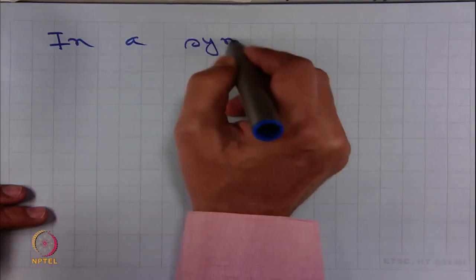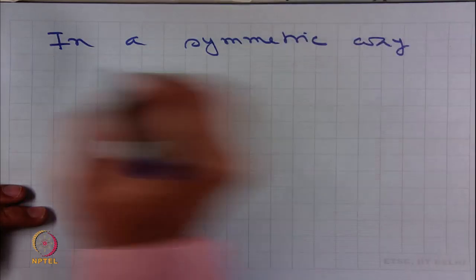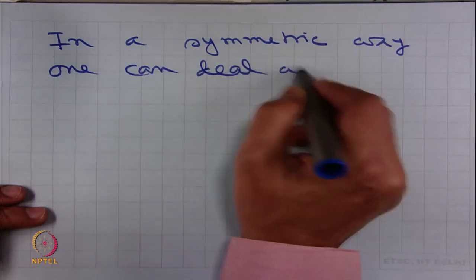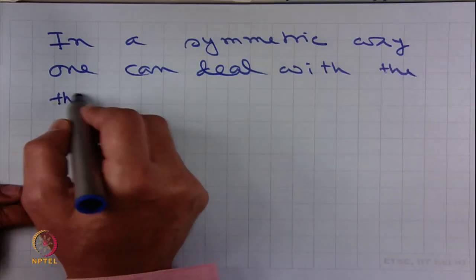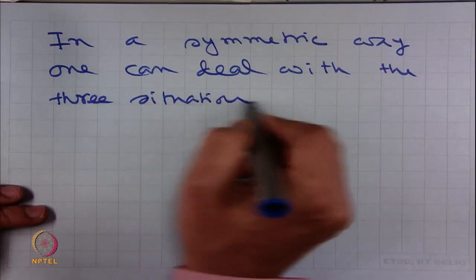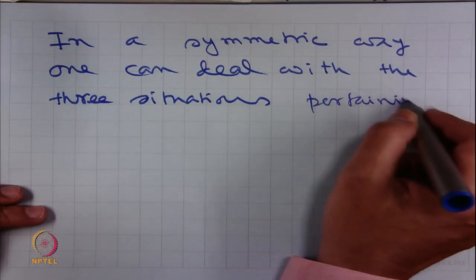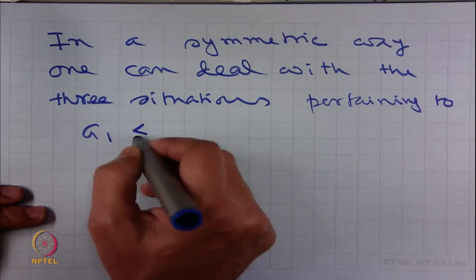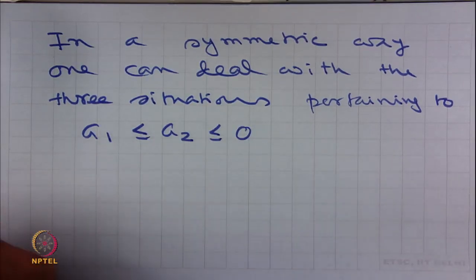In a symmetric way, one can deal with the three situations pertaining to A1 less than equal to A2 less than equal to 0.